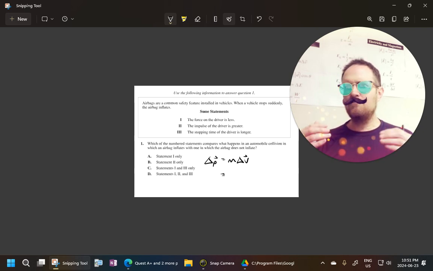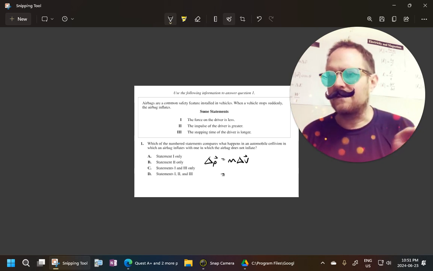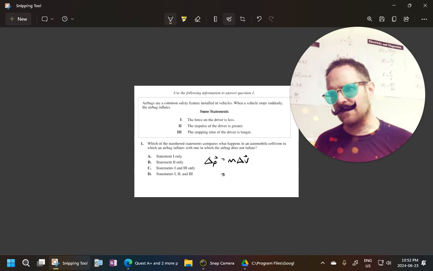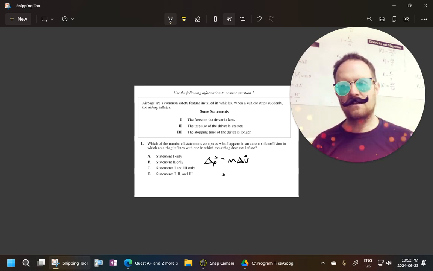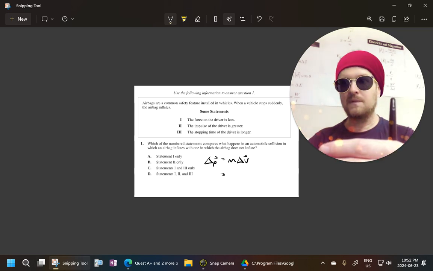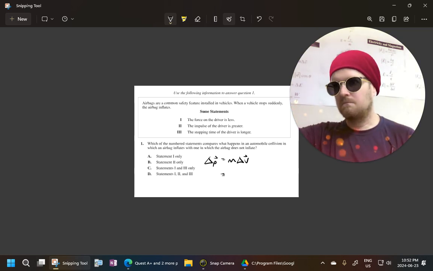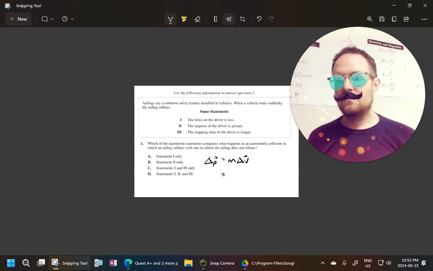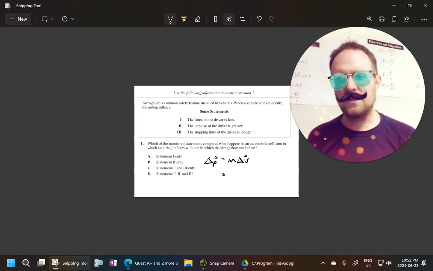Now, if I'm, heaven forbid, in an accident and I'm traveling 50 kilometers per hour in a car without an airbag or with an airbag, I'm going to come to a stop in both situations from 50 kilometers per hour.